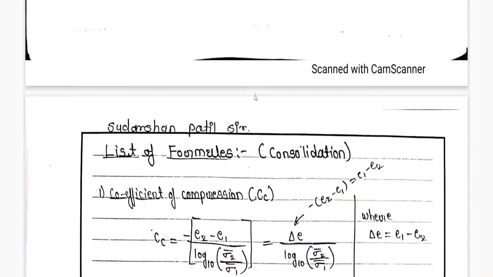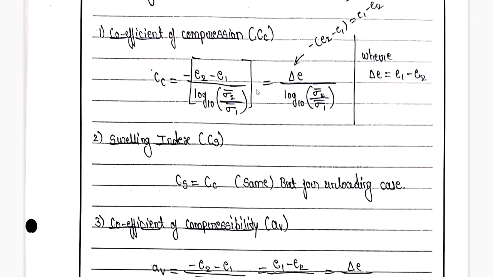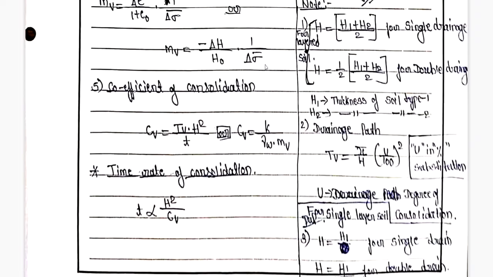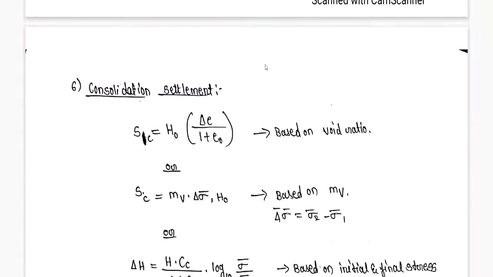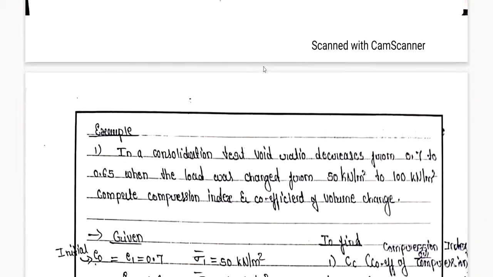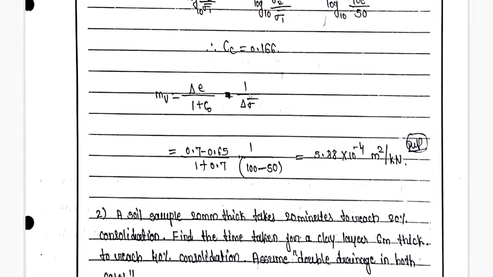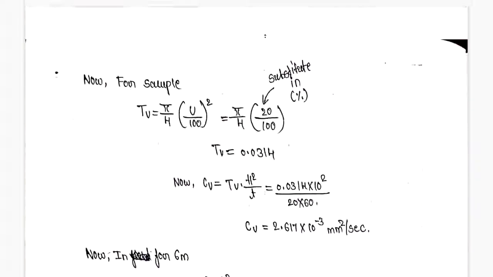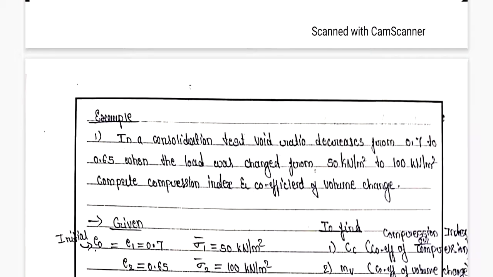Further, in the next session we are going to discuss the important formulas which we are going to use while solving the problems. After discussing the important formulas, we are going to discuss examples on consolidation. Many examples on consolidation we are going to solve.